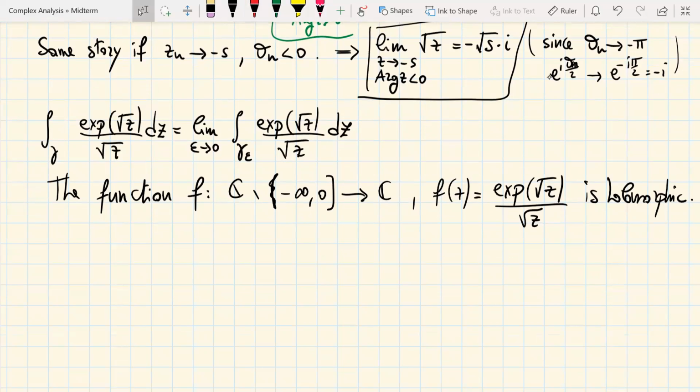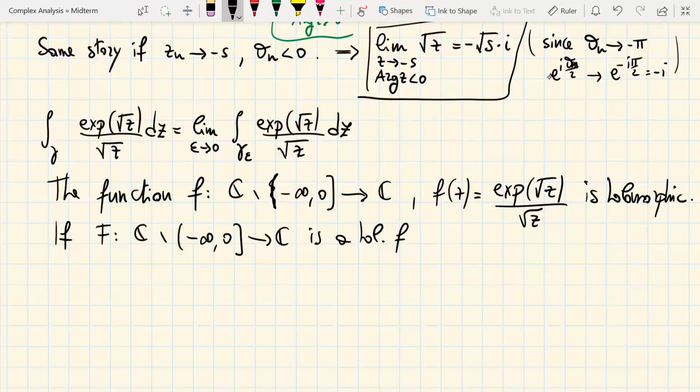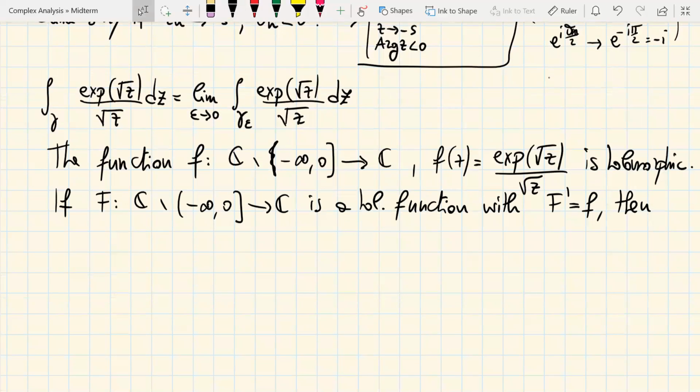And so we know that if big F is a primitive of this function, so it's a holomorphic function with F prime equal to f, then I can write the integral over gamma epsilon of f(z) dz.